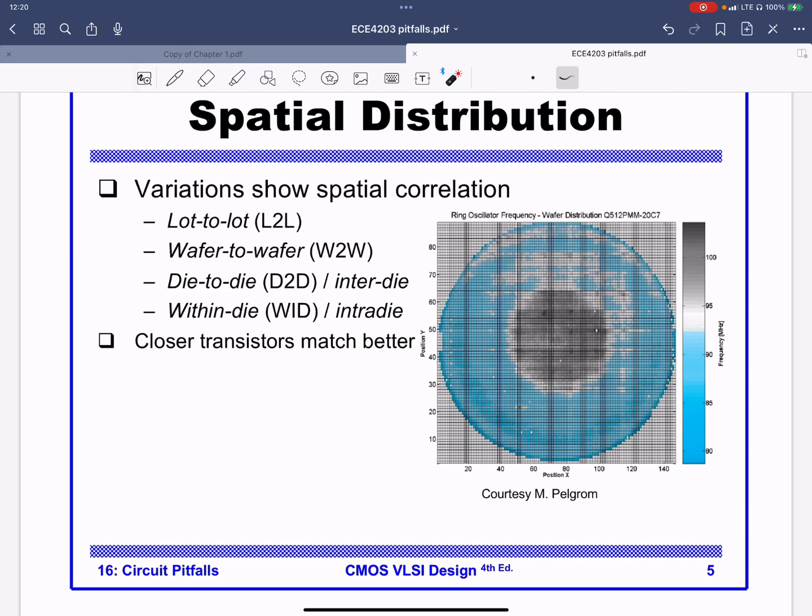But that's just one way things can vary. There are lots of variations, and you'll see this once you start producing these parts. This type of variation would look like either a die-to-die variation or a within-die variation, depending on the size of your die, the size of your chip. You can imagine if your die is rather large, your chips would be stacked up next to each other on the wafer.